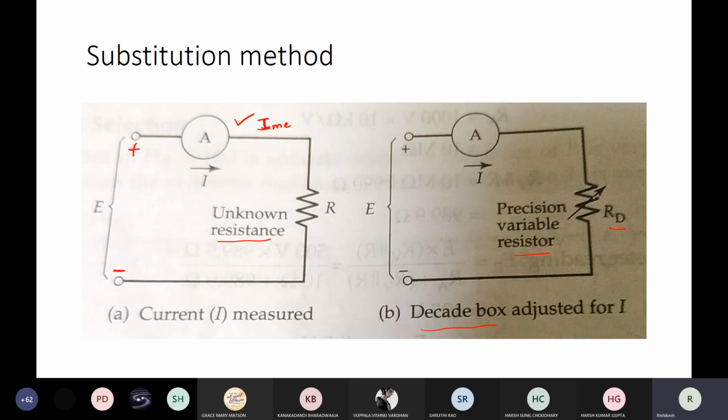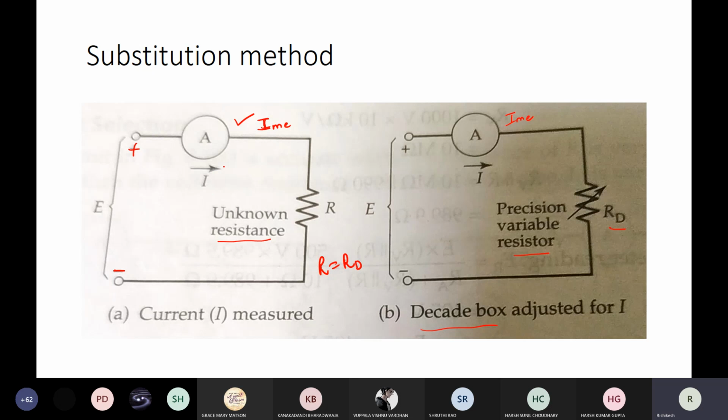So what you can do is you go on changing the resistance till the time you observe the same current. What does it mean? It means that in that case R will be equal to RD.